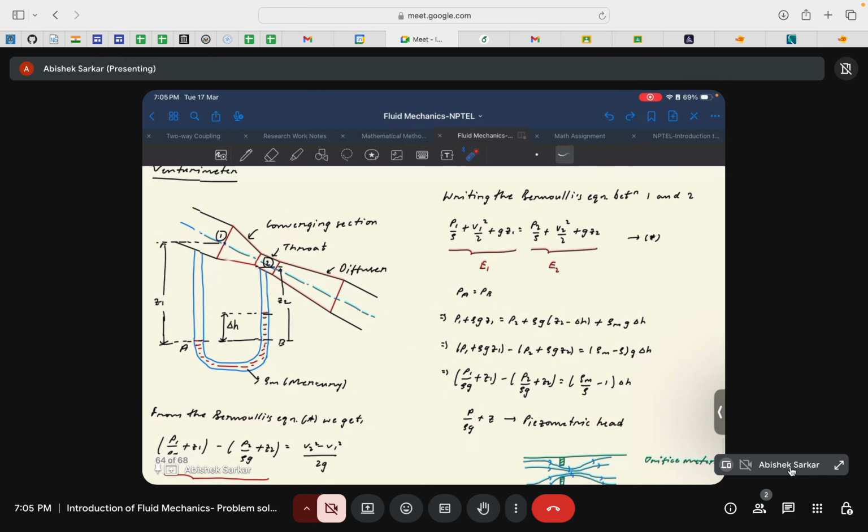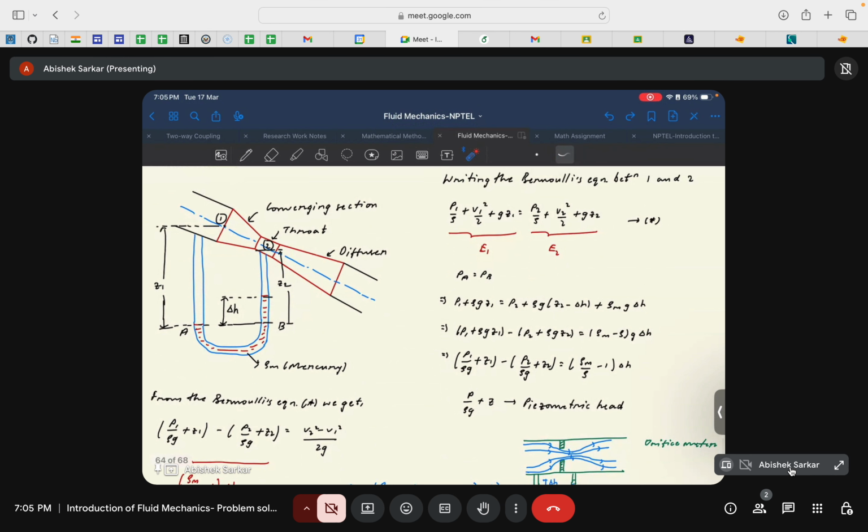So the structure or design of the venturimeter is of this form. There are three major sections: a converging section, the throat, and a diverging section or diffuser. The key thing to note is that the throat is usually the smallest cross-sectional area, which has the highest velocity.